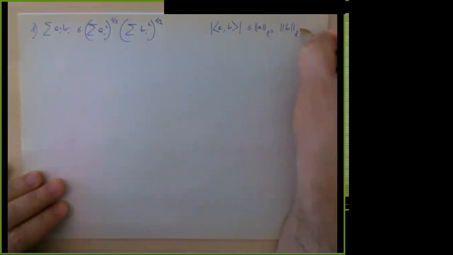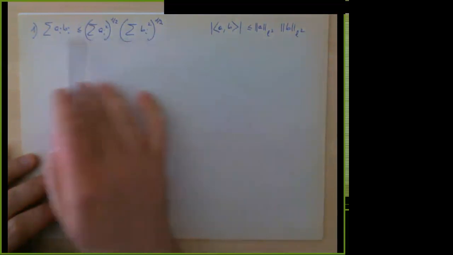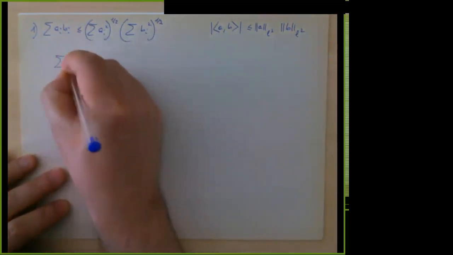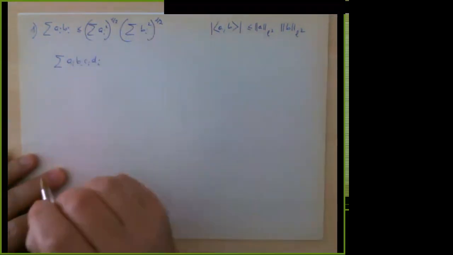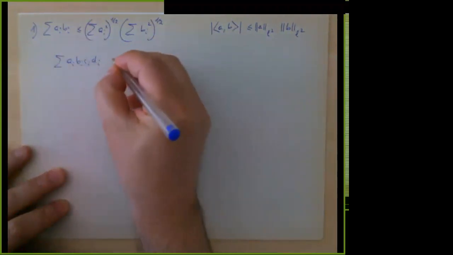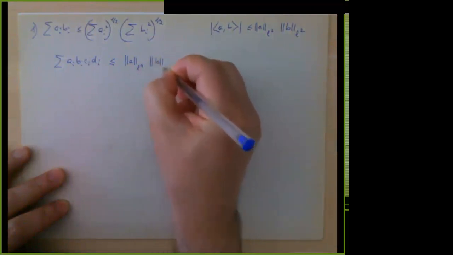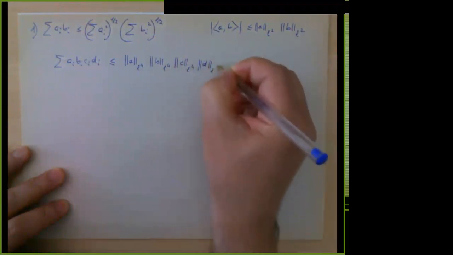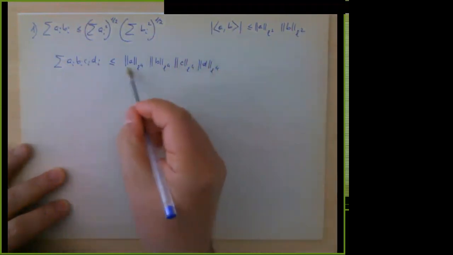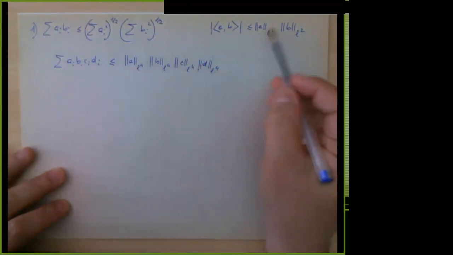And yesterday I sketched a proof of the fact that by suitably iterating this argument, so by starting like a sum, let's say, of a_i, b_i, c_i, d_i, this would lead, for instance, to something like L4 of a, L4 of b, L4 of c, L4 of d. Remember that we use this as notation only because we don't know yet that it is a norm. We only showed it in the case L2.